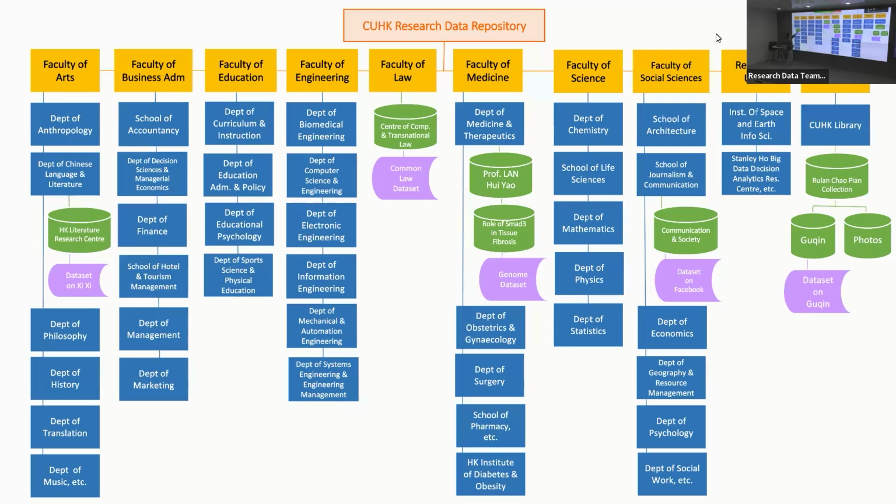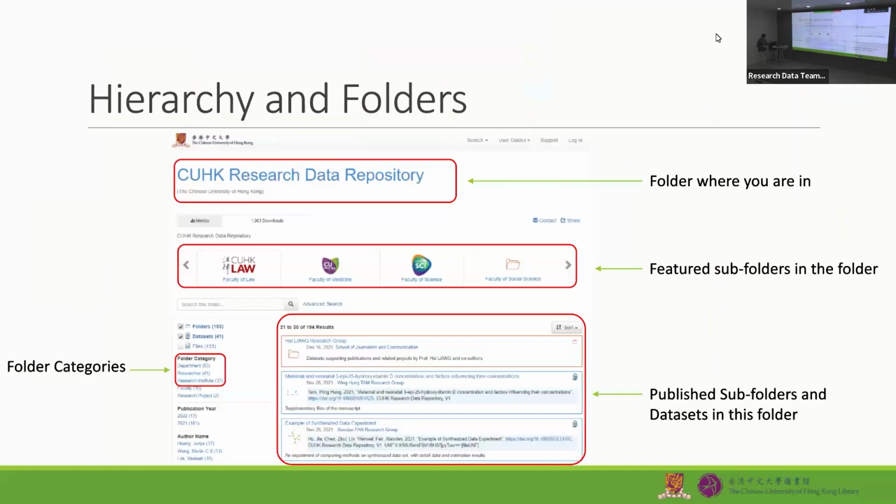So under each department, research and teaching staff can automatically create a personal folder like this, and then he can further structure the whole thing under his personal folder. He can directly deposit data or can further develop subfolders of projects to further divide the data sets inside the subfolders. So that is the structure of the whole data repository.